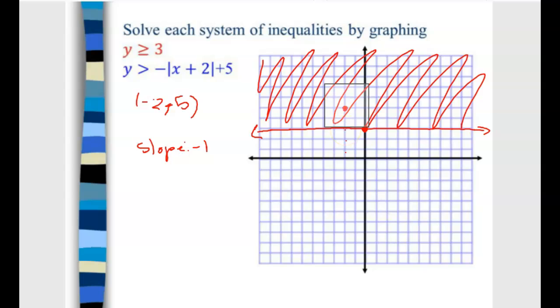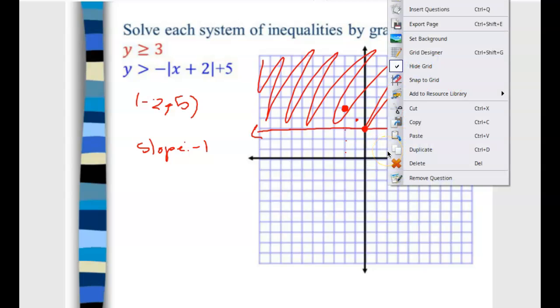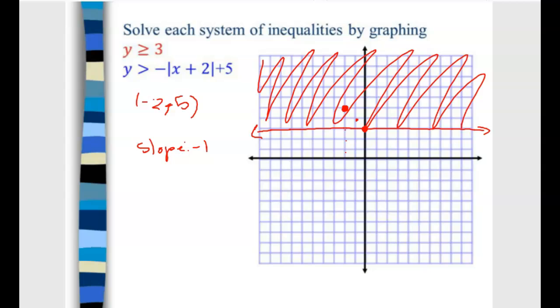So it's going to be open down. And it's y greater than, but not equal to. So my absolute value is going to be dashed. It's being weird, but I know what it is. Sometimes the dots are awful.